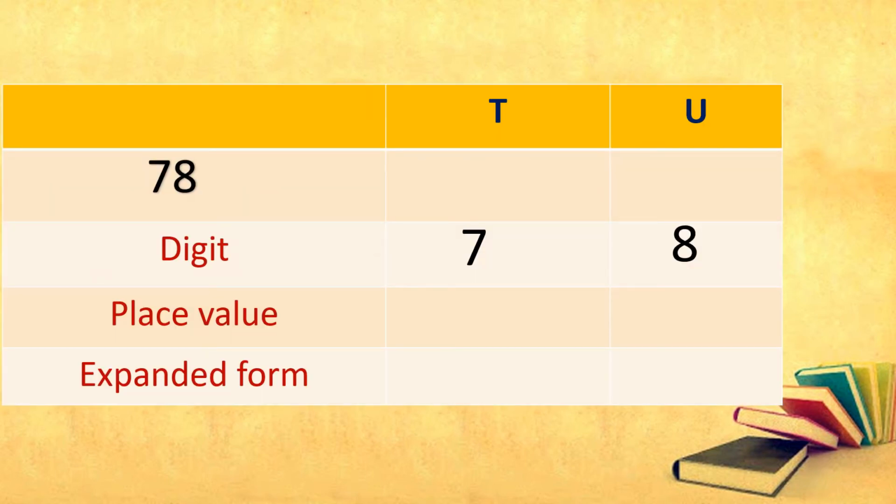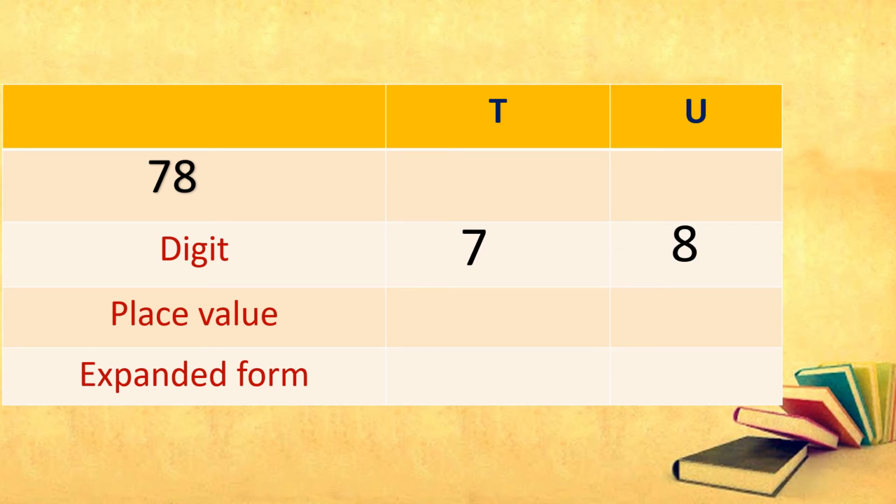Now, let us see what is the expanded form of number 78. In number 78, digit 7 is in tens place and digit 8 is in ones place.